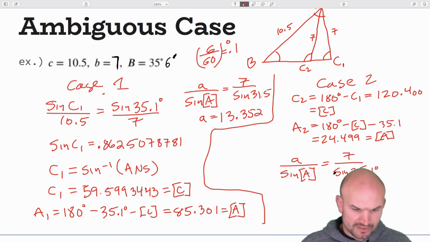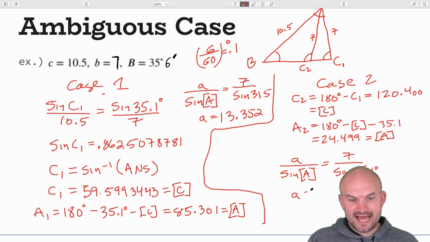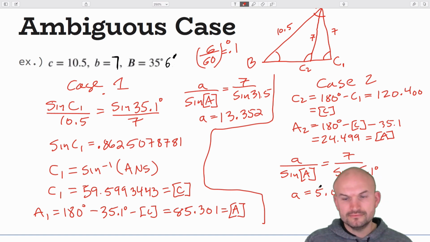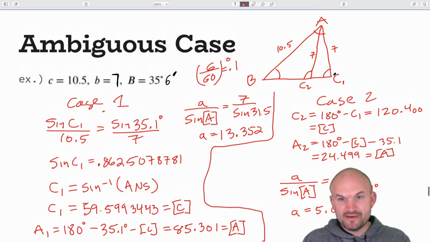Now all I'm going to do is take 7 times the sine of alpha A and then divide that by the sine of 35.1. And in this case, now I get a is going to equal 5.08. And again, that should be smaller than my other a, right? Which is 13, because a originally was this big. Now it got shrunk down to this big. So you can see how it makes sense.